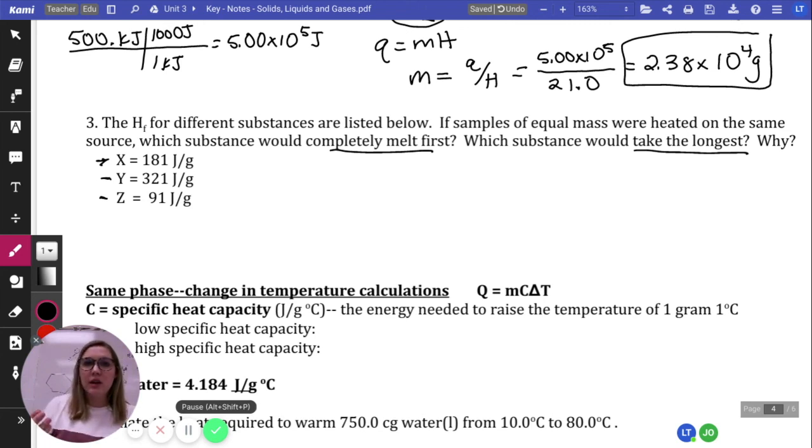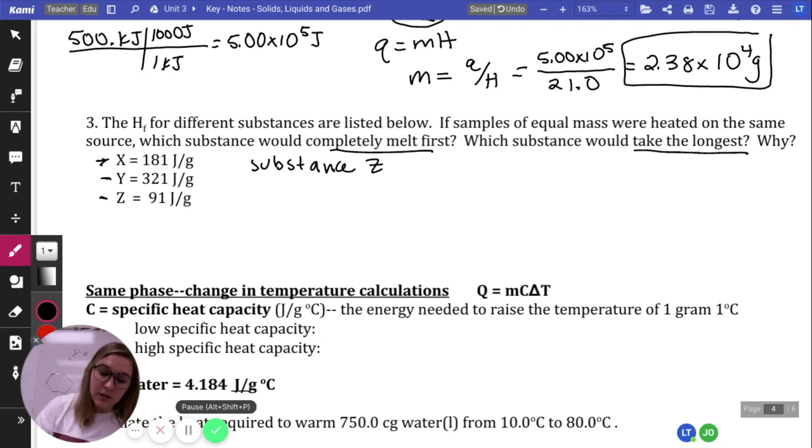All right, so the less energy it requires, the faster it's going to melt. So the one that's going to melt first would be substance Z, just because it doesn't require as much energy to melt, so it's not going to take as long to get that much energy put into it.